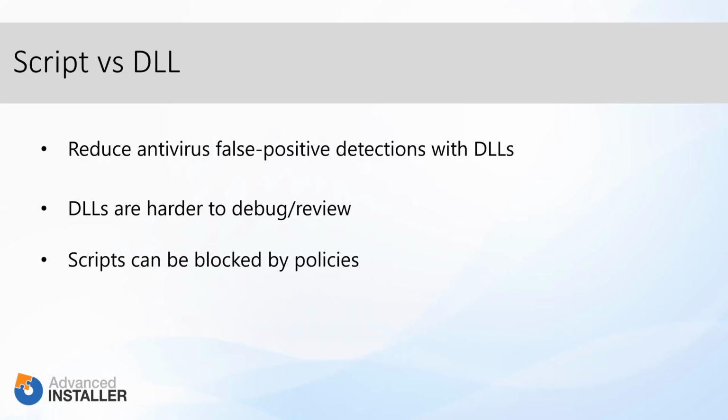You should make sure that you do not have default custom actions that modify the system outside of UI sequence. You should prepare, you should give it access to additional prerequisites outside of the package and so on. It's a complete list. I don't remember all by heart right now, but I highly recommend that every time you are building an MSI for an enterprise customer, try to search this resource.